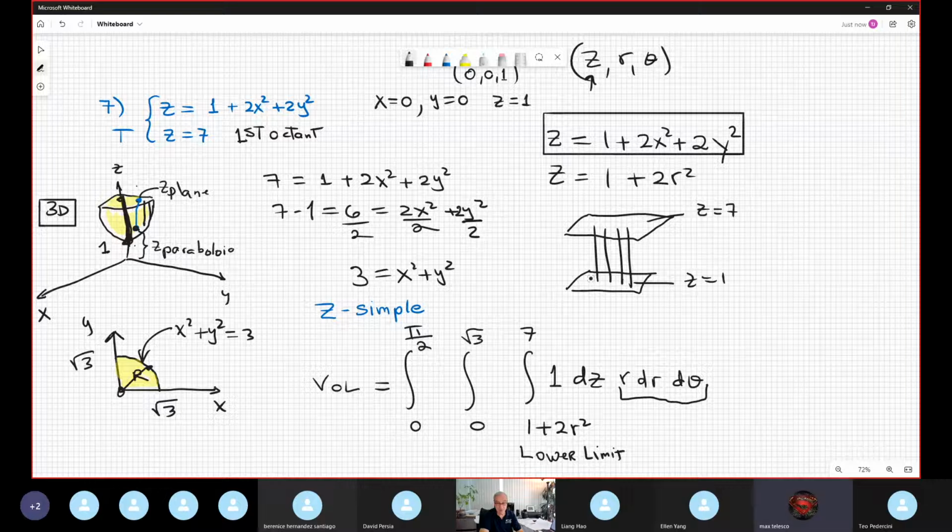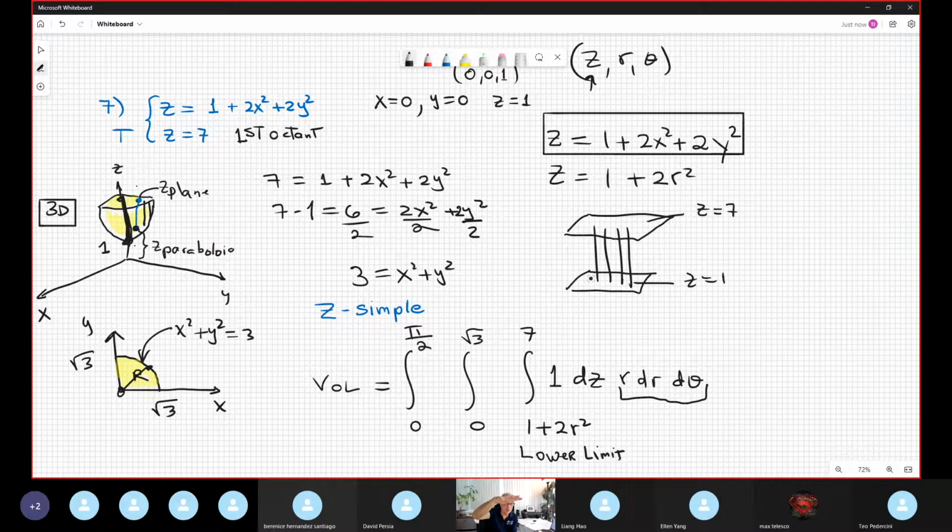Make sense? Yeah. So then you just change the first equation to polar. Yeah, and that's it. Okay. But it's not mechanical. You need to understand the thinking you are doing. You need to understand, doing the picture in 3D, that our solid is formed by two surfaces.